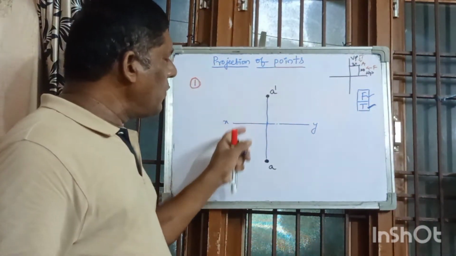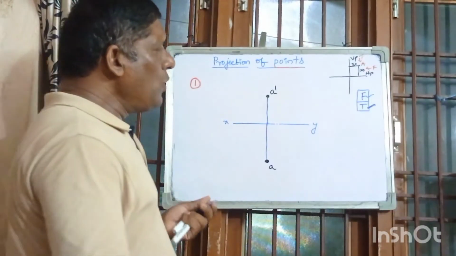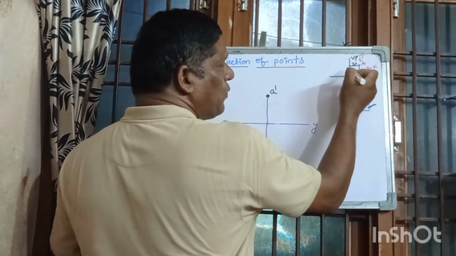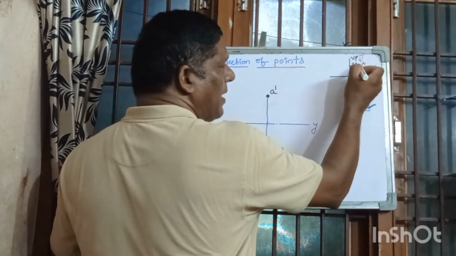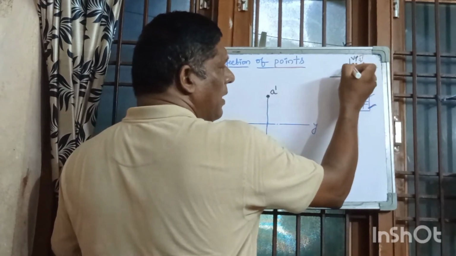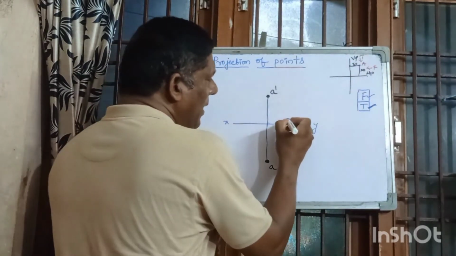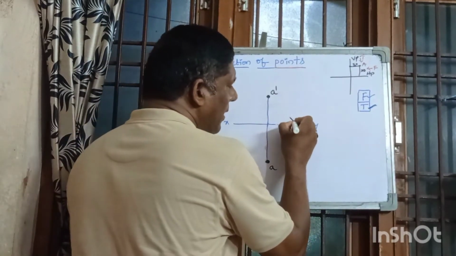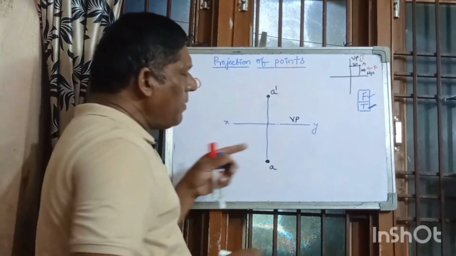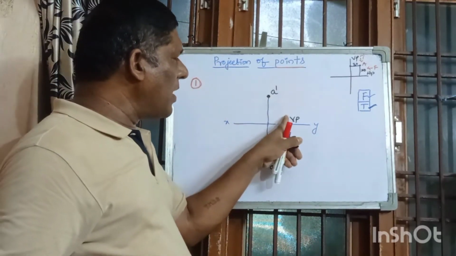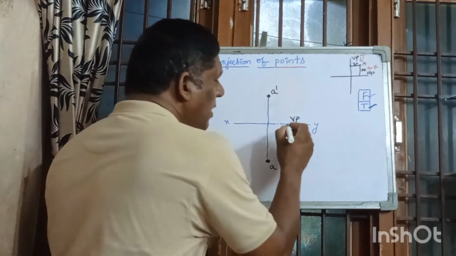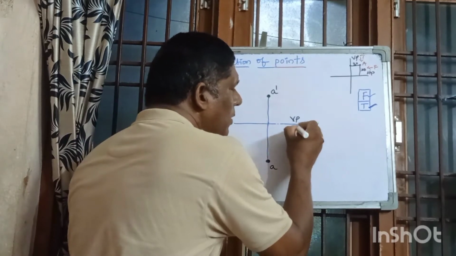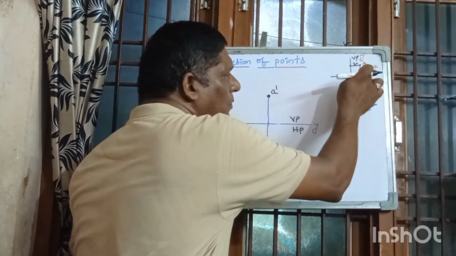Now it is the front view and top view. We know that the front view falls on the vertical plane. Why? Because if you observe this point from here, it falls on the vertical plane. So you write here vertical plane, VP. Whatever the front view is, it falls on the vertical plane, and the top view, if you observe from the top, falls on the horizontal plane.